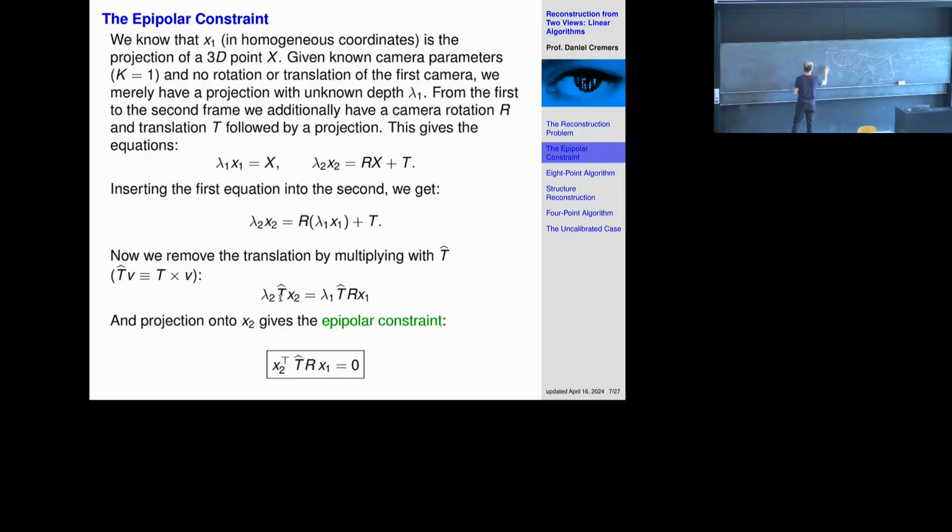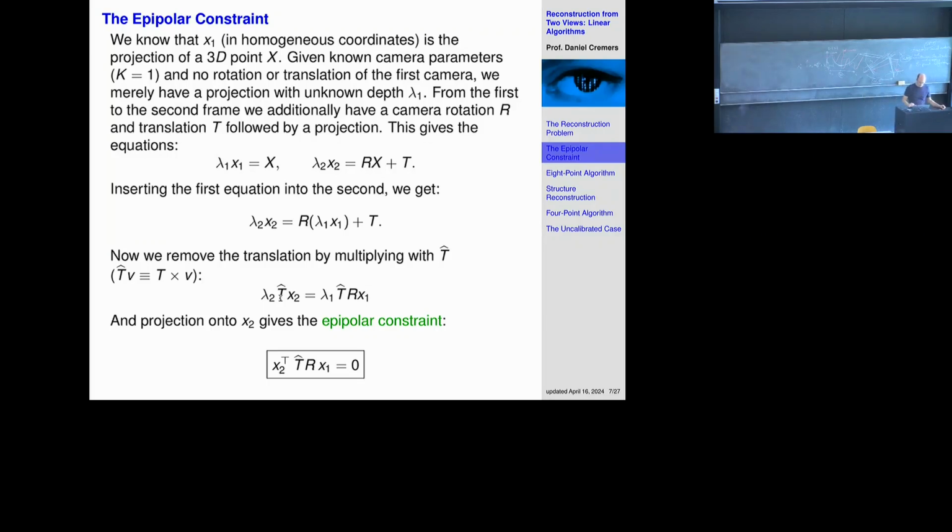It's pretty bad to use cross products and x's in the same equation, sorry about that. So this is the cross product. But if you then multiply with x2 transposed, you get a cross product of something with x2 that is orthogonal to x2. If you multiply with x2, then this will give you 0.